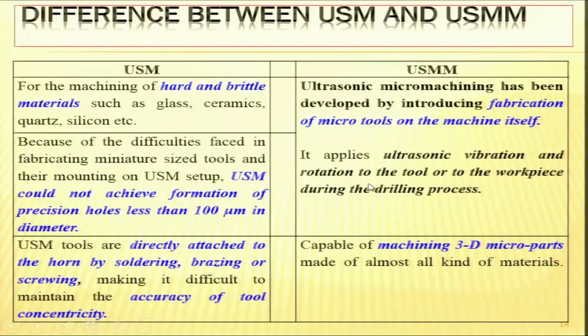It applies ultrasonic vibration and rotation to the tool or to the workpiece during the drilling process. I have already shown you, it may be either tool or workpiece, capable of machining 3D microparts made of almost all kinds of materials.